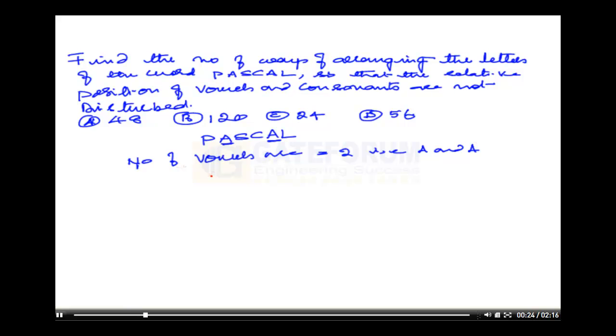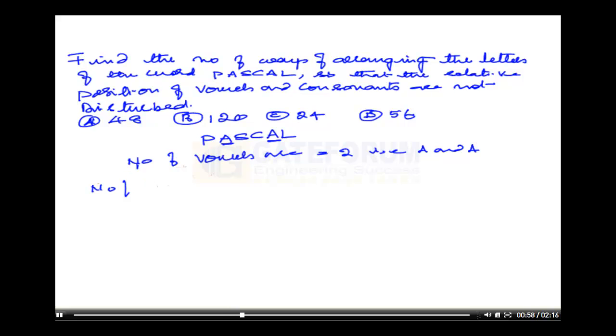Means vowels are to be placed in the place of vowels and consonants are to be placed in the place of any other consonant. That means a consonant can take only the position of any other consonant, and a vowel can take the position of any other vowel. So therefore the number of consonants is 4. These consonants can be arranged in 4 factorial.